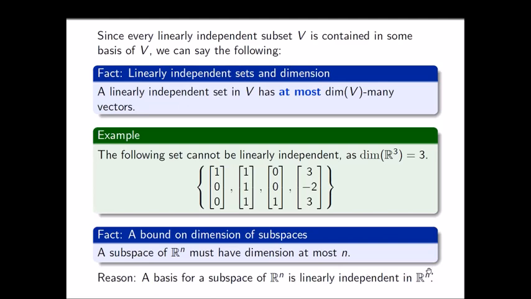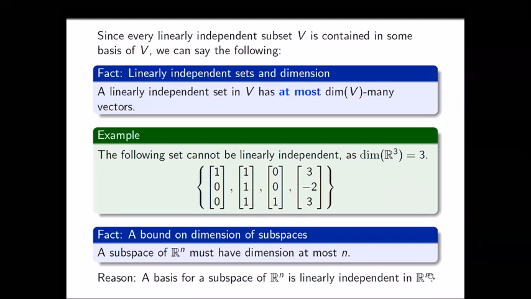But because Rn can have at most n linearly independent vectors, that means the basis for a subspace in Rn can have at most n elements, and that tells us that the dimension of the subspace can be at most n.